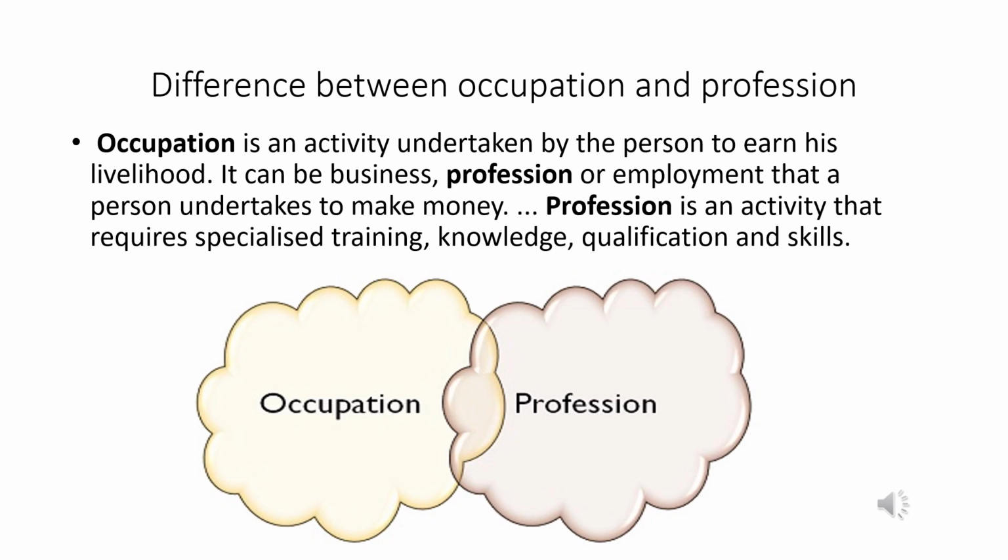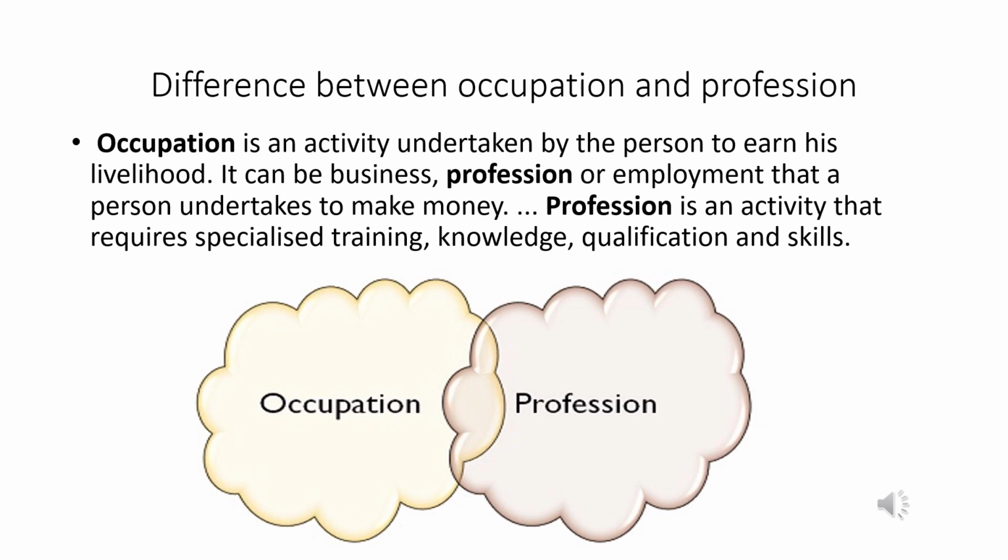Let's move into the difference between occupation and profession. Students, let's understand what actually occupation is. It is an activity undertaken by a person to earn his livelihood. Whatever occupation, whatever job is done by a person, it is to earn a living. It can be business, profession, or employment that a person undertakes to make money.